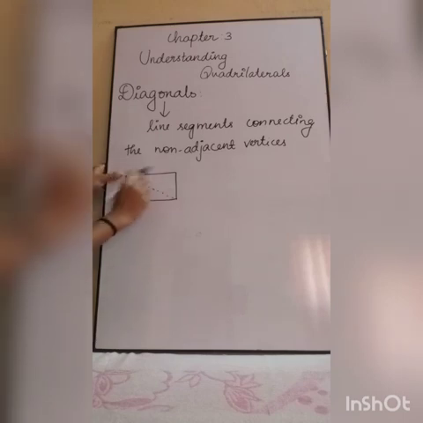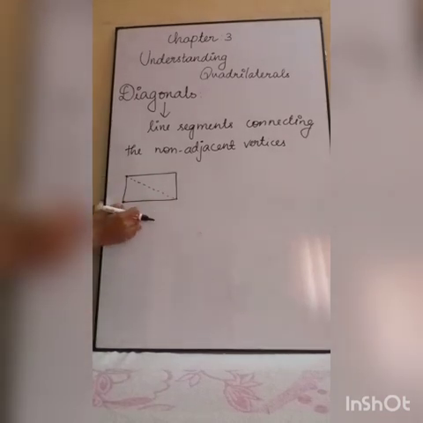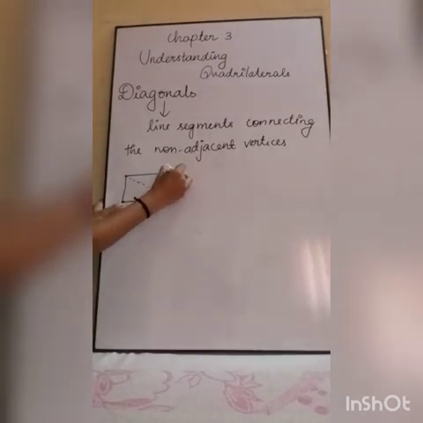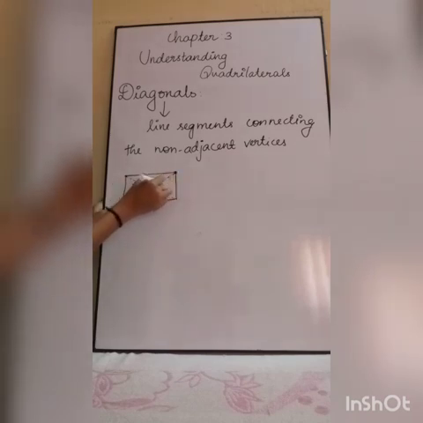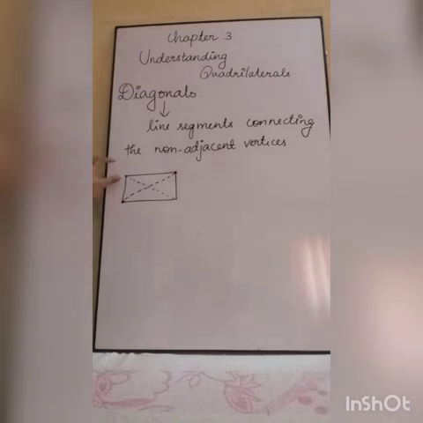So this dotted line is one diagonal. Likewise, this one and this one are adjacent, but this vertex and this vertex are non-adjacent, so the dotted lines are called diagonals.